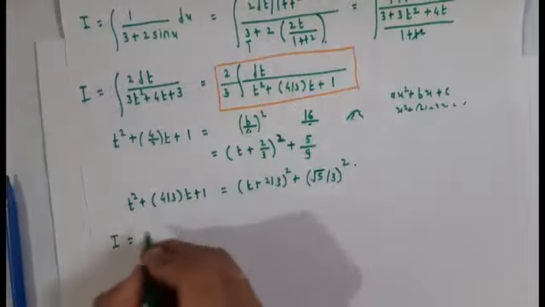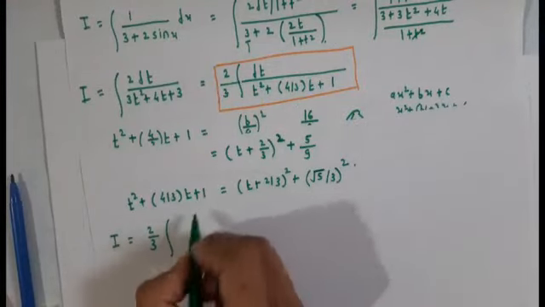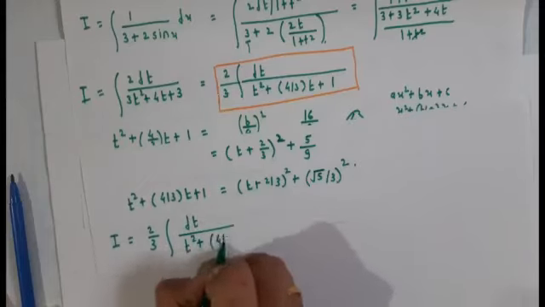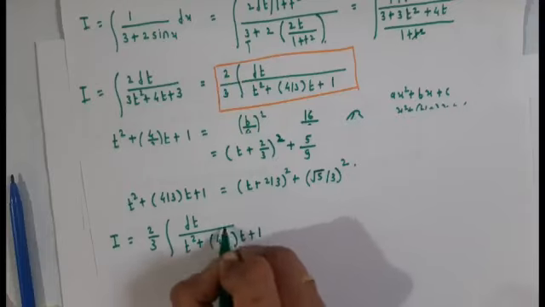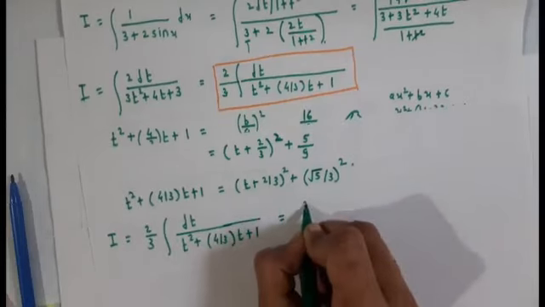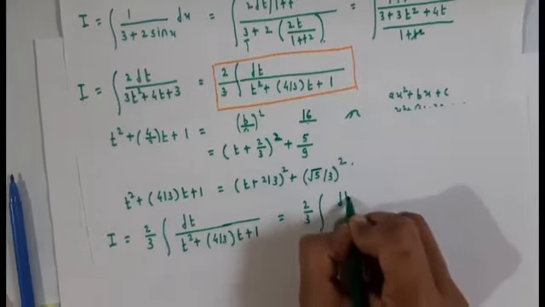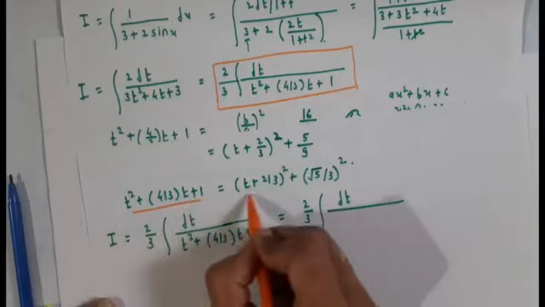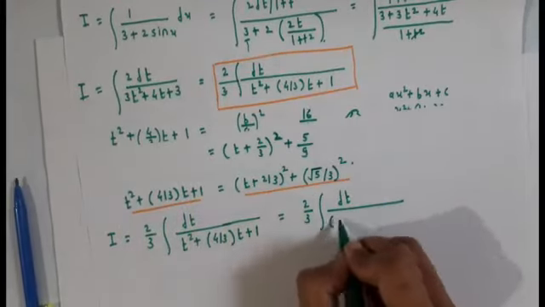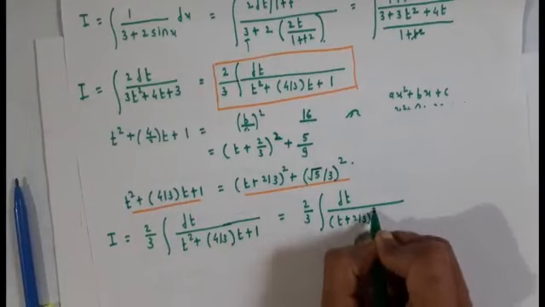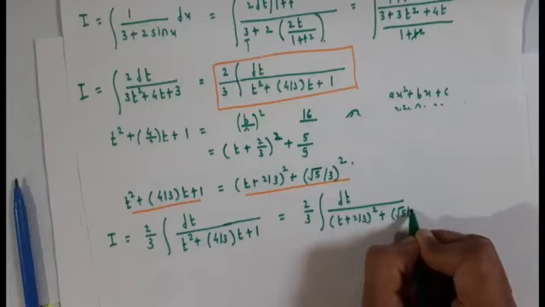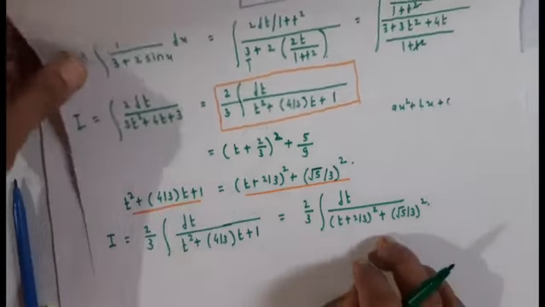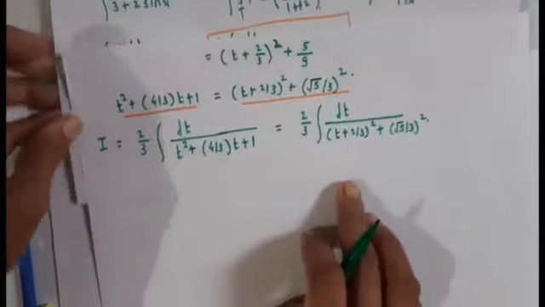This is 2 by 3 times the integration of 1 upon t square plus 4 by 3t plus 1 with respect to t. 2 by 3 is a constant, and we can write the term this way: t plus 2 by 3 whole square plus root 5 by 3 whole square, with respect to t. In this way we have to adjust the term.